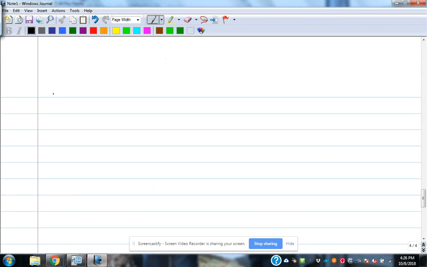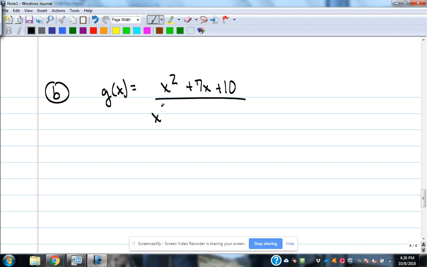Look at another one. Here's our function, g of x. Let's do x squared plus 7x plus 10 over x cubed minus 25x. And again, we're going to find those things.